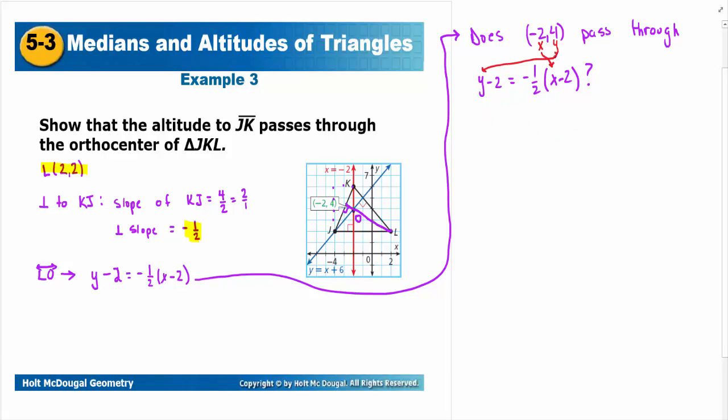So y is 4. So 4 minus 2 equals -1/2 times x is -2, so (-2 minus 2). My goal is to see, are these equal to each other? Well, 4 minus 2 is 2. I'm going to go -1/2, and -2 minus 2 is -4. So let's multiply these out. -1/2 times -4/1.